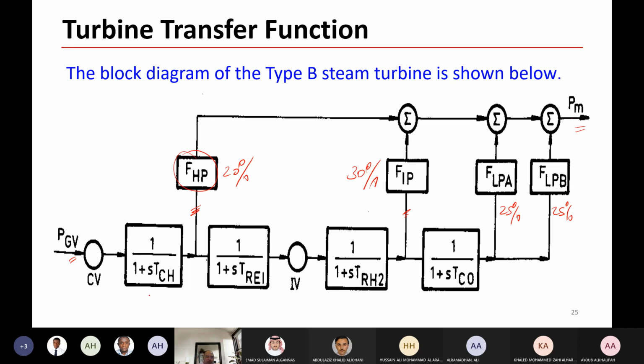You have 4 integrators, so you have 4 states. And you can write the signal here, and here, and here, and you can express PM in terms of all these segments.